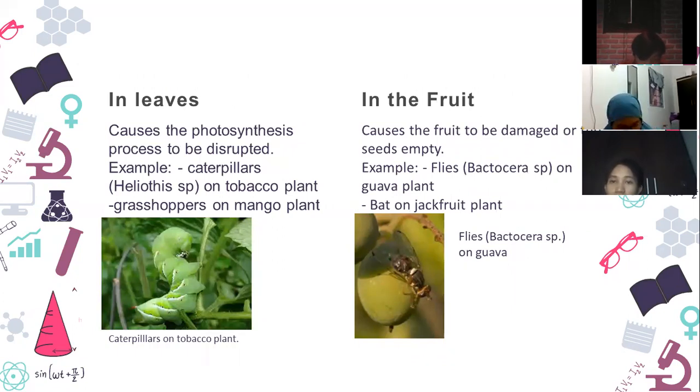Example, caterpillars, Heliothis sp. on tobacco plant and grasshoppers on mango plant. Number 4, in the fruit, causes the fruit to be damaged or the seeds empty. Example, flies Bactrocera sp. on guava plant and fed on jackfruit plant.